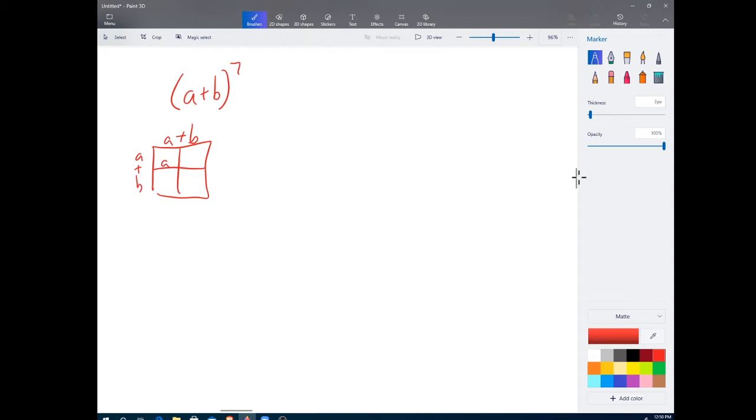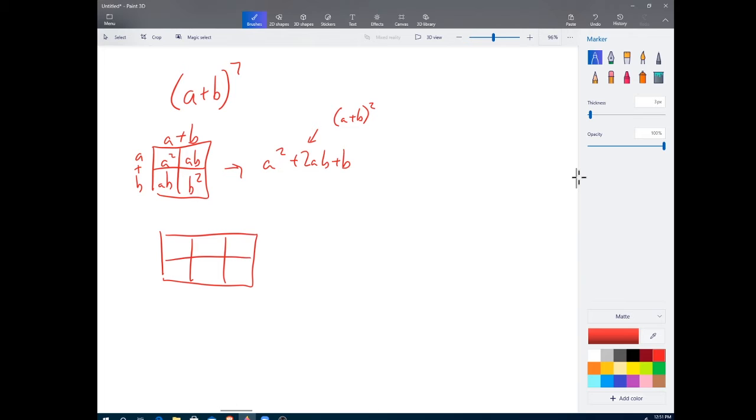Again, if you want to solve it this way, that's okay. It's just going to take a while. So, I use my box method. This has a times b squared in it. I'm then going to have to do the box method again. Oh, forgot the squared there.